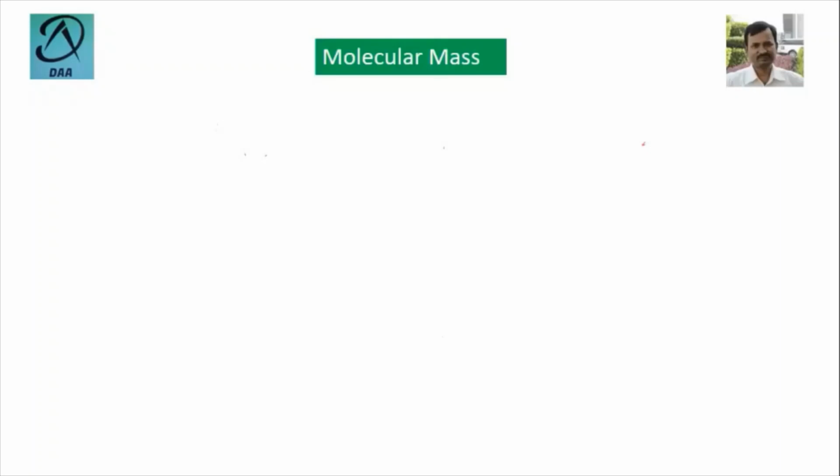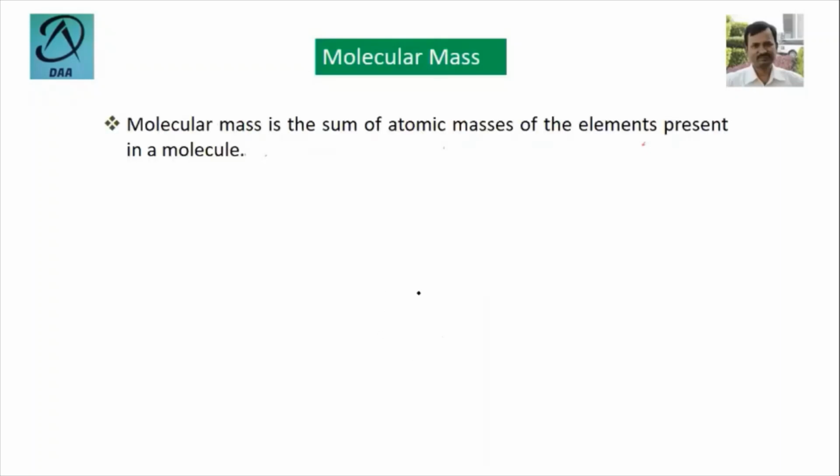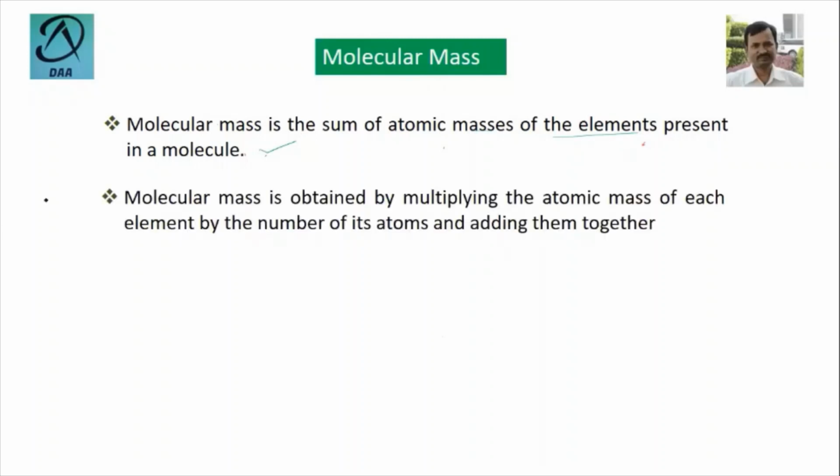Now, molecular mass. Molecular mass is the sum of the atomic masses of the elements present in a molecule. It is obtained by multiplying the atomic mass of each element by the number of its atoms and adding them together.